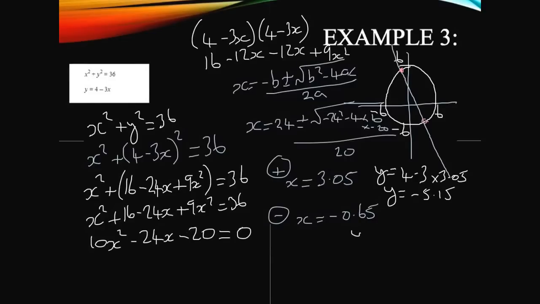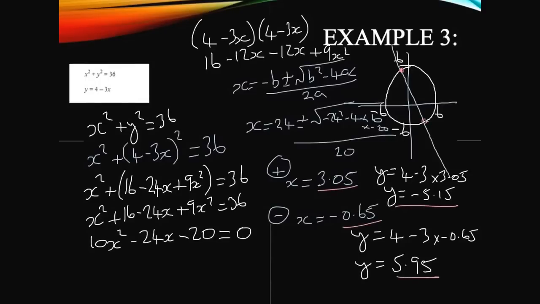And the second one, y equals 4 minus 3 lots of minus 0.65. That means that y is going to be, again on a calculator, 5.95. So the two different places where these cross, I think, are going to be there and there.